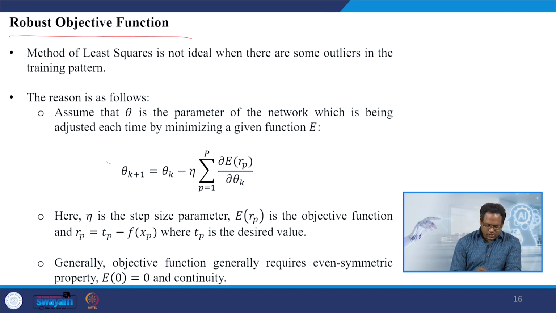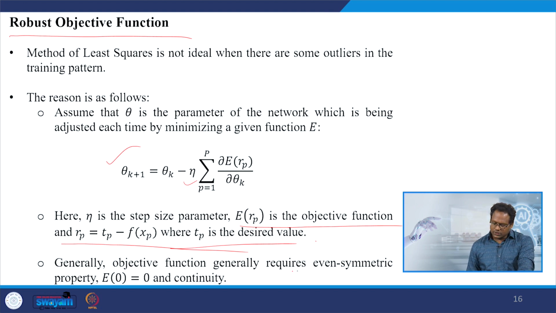So, the adjustable parameter theta is given for each iteration by theta k plus 1 equal to theta k minus eta times summation p equal to 1 to capital P dou E of RP upon dou theta k. Here eta is the step size parameter, you can also say learning parameter, and E of RP is the objective function, and RP is the residual error, given by the desired value, the target pattern, minus the corresponding network output f of xp.